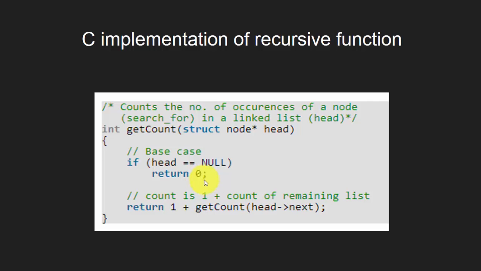This is also the base case of this recursion. If this node is not null, it will return 1 plus the remaining number of nodes, which we will get by invoking the same function by passing the next node as an argument. This is the implementation of the recursive function.